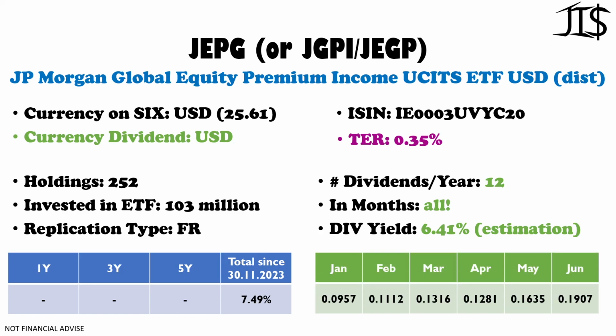And we only have those 6 distributions. And as you will see, January, the X date was in January, but the payout was in February. So we will see that later on in the video. And the one from June still needs to be paid, and I'm also going to talk about that later on.